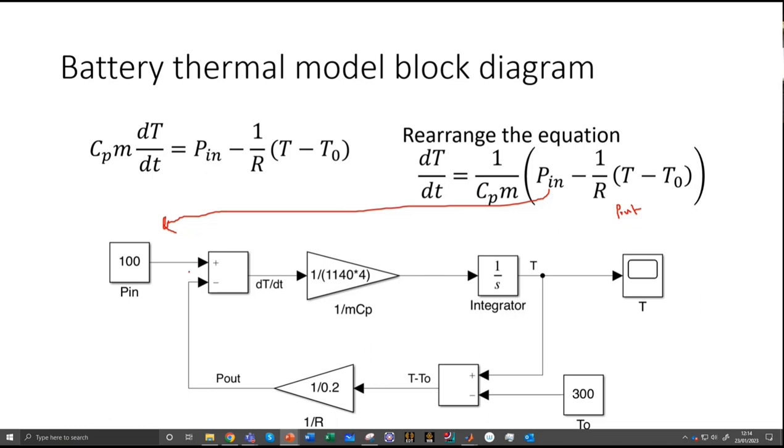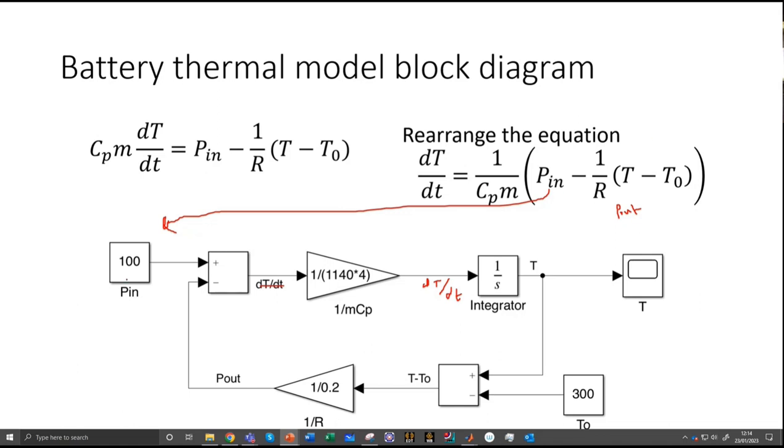Now, that divided by 1 over mCp will give you dT. So it's one error there, right? So I'm basically implementing this equation graphically.